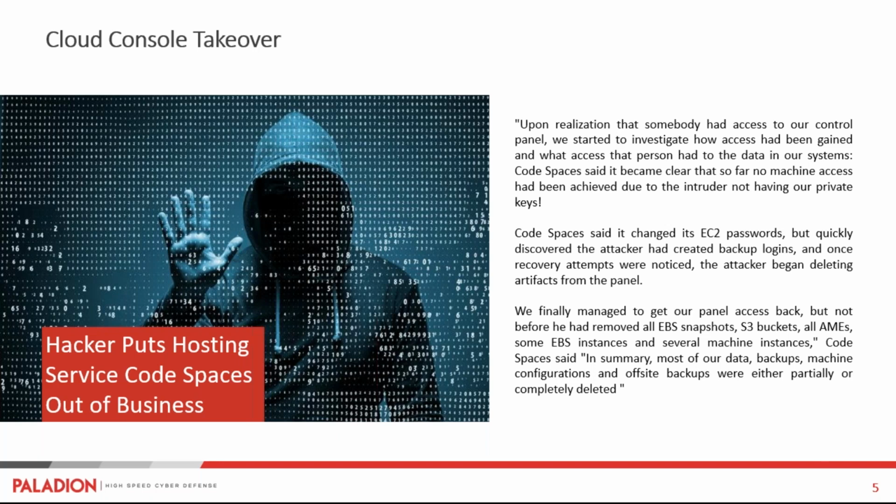The company did try to change passwords for accounts without realizing that the attacker had backup accounts. Later, the attacker went on to delete their code repositories, backups, and instances and other resources. Now, at that time when the attack happened, it was in the news, but today we see these attacks are all the more common.